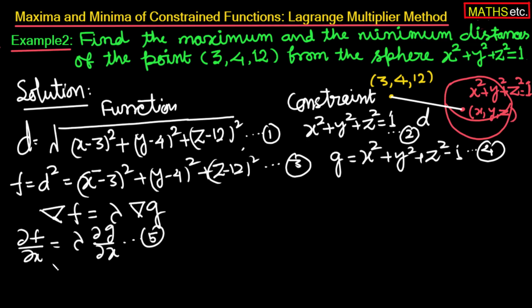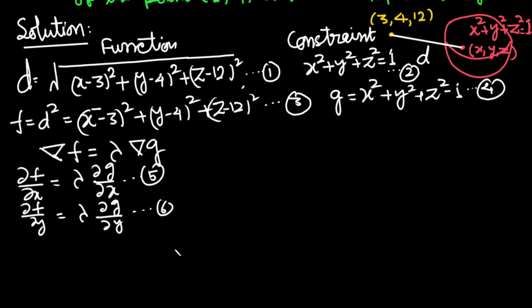Similarly with respect to y and with respect to z. So 5, 6, 7 are our equations obtained from the basic equation, gradient of f equals lambda times gradient of g.